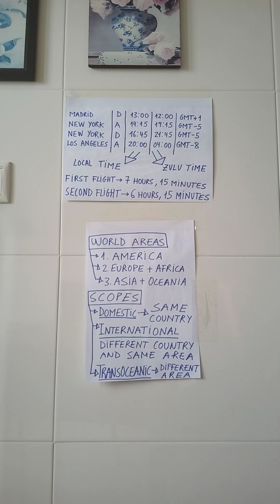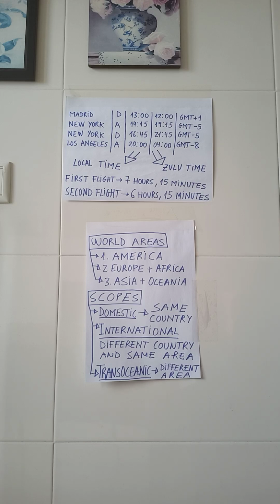We have three areas, 1, 2, and 3. Number 1 is America, number 2 is Europe and Africa, number 3 is Asia and Oceania.